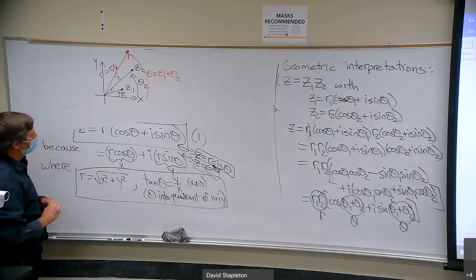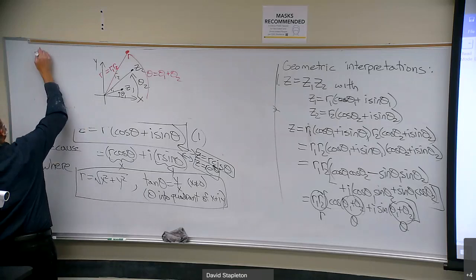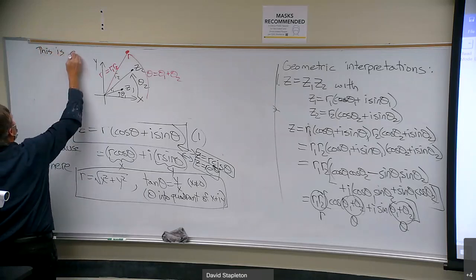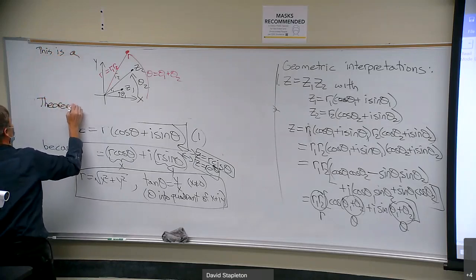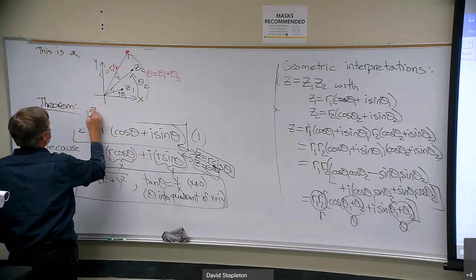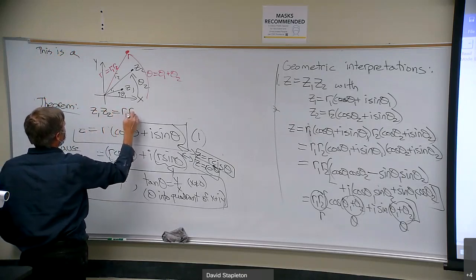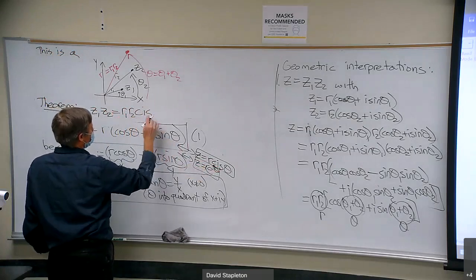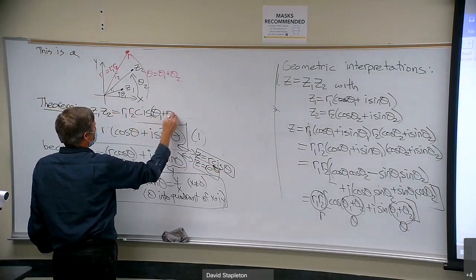That's what that says. This is the picture, and it constitutes a theorem that the product of any two complex numbers, which is proved, z1 times z2 has polar form r1 r2 cosine plus i sine, I'll write an abbreviation, cis, of the sum of the angles.